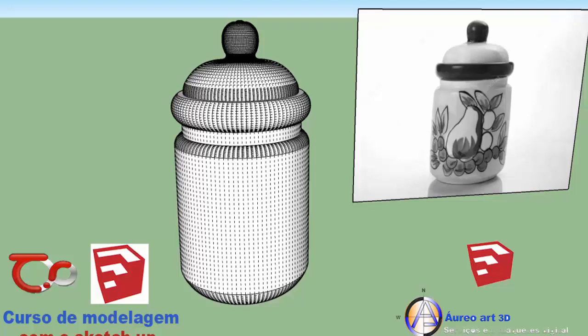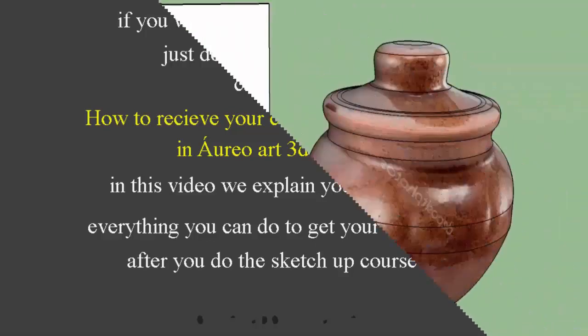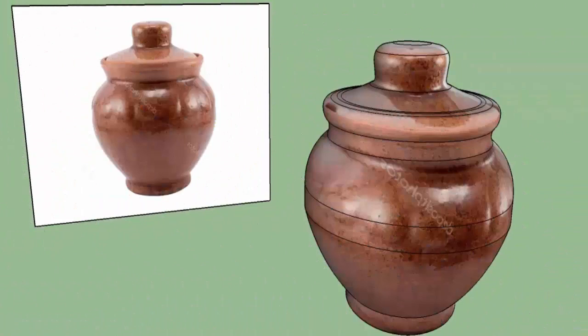After you finish your intermediate course of SketchUp, you may get your certificate. And after that, we are going to teach you advanced SketchUp. And when you do the advanced SketchUp modeling course, you may also get your certificate as advanced of SketchUp.